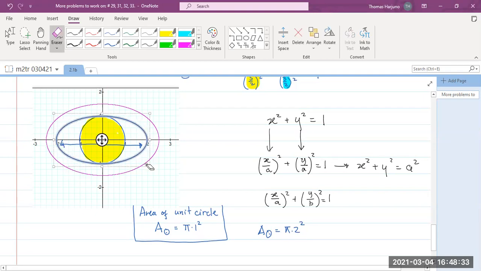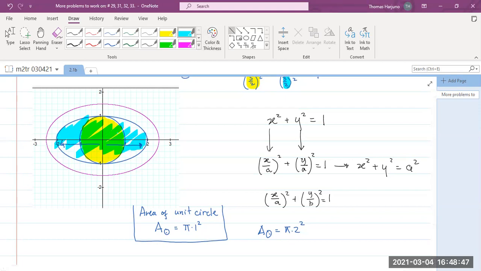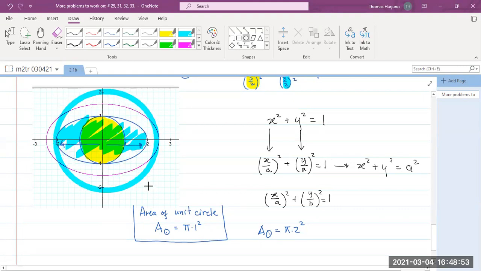Now, what is the area of this ellipse? Well, you stretch that horizontally by 2, so the area of this ellipse will be 2 times pi. Multiply that by 2. Now, if you stretch that vertically further by a factor of 2, then you multiply by another 2. It becomes 4 pi.